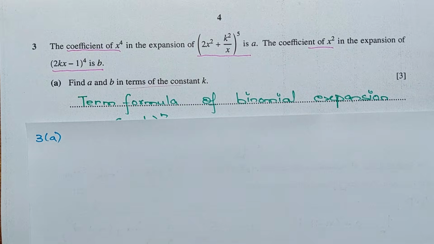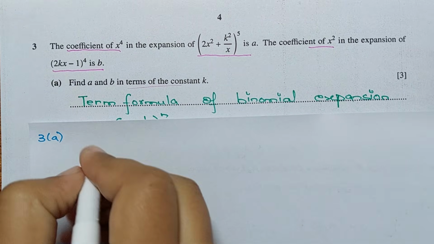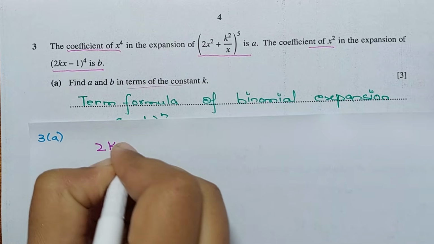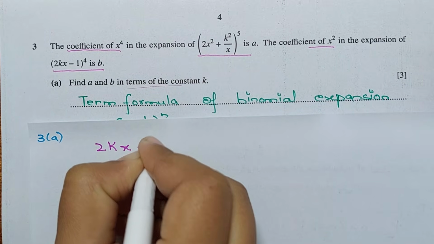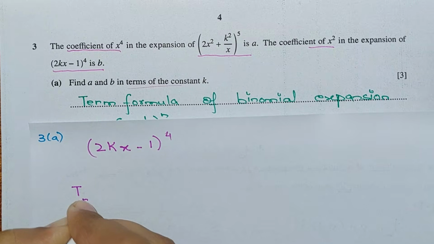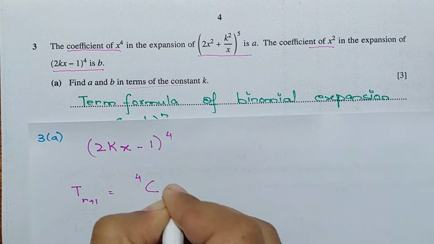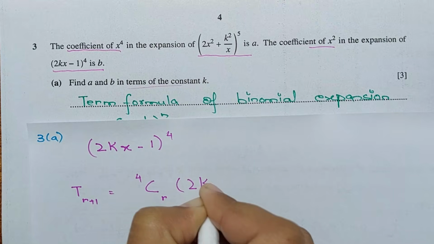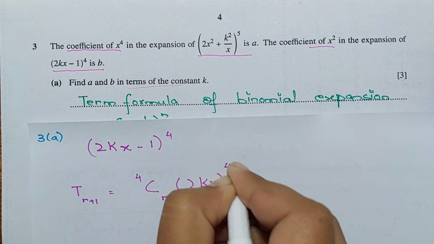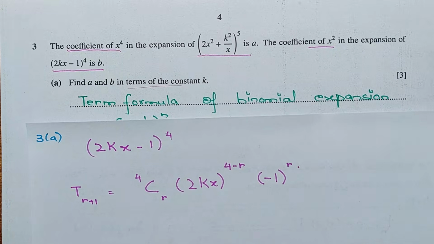Okay. Again, applying the term formula on (2kx - 1)^4. So T(r+1) is equal to nCr, the first term to the power of n minus r, and the second term to the power of r.